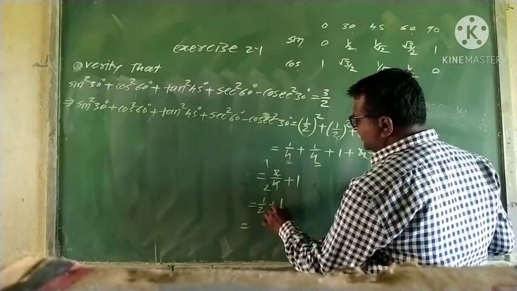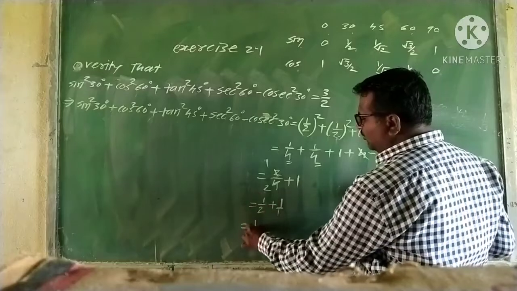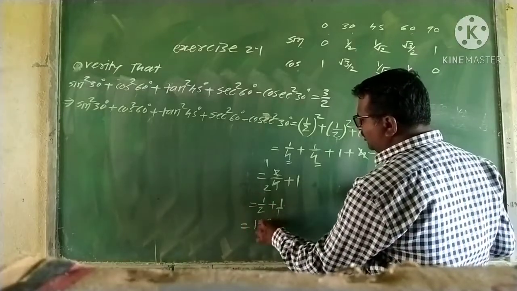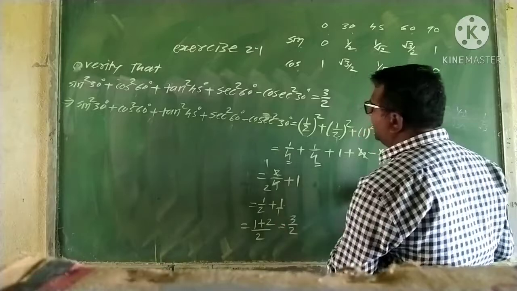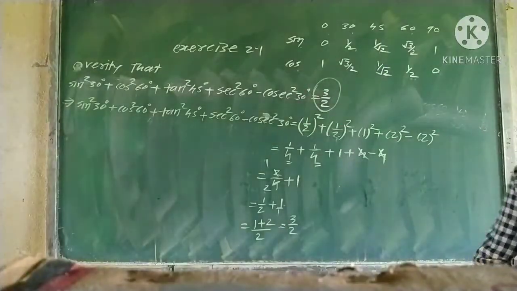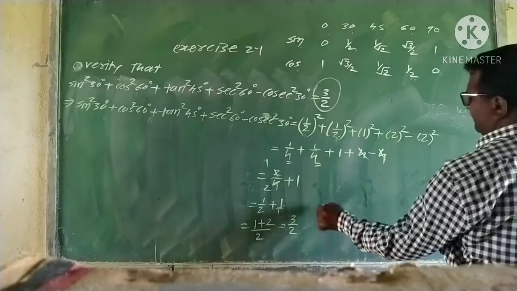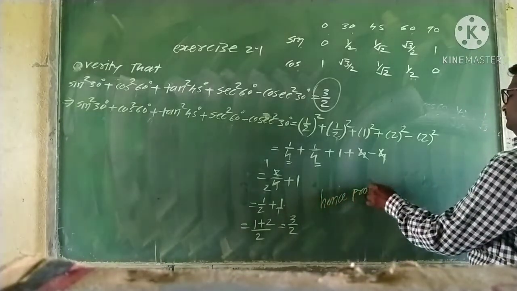Consider the denominator as 1: 1 multiplied with 1 plus 2 multiplied with 1, over 2, that is equal to 3 divided by 2, and this is the answer. Hence true.